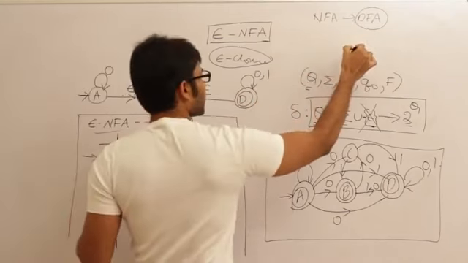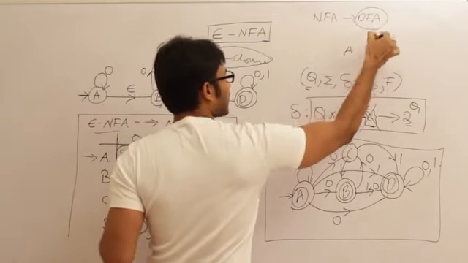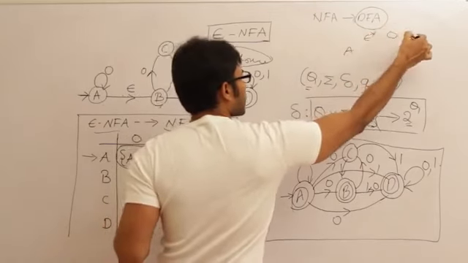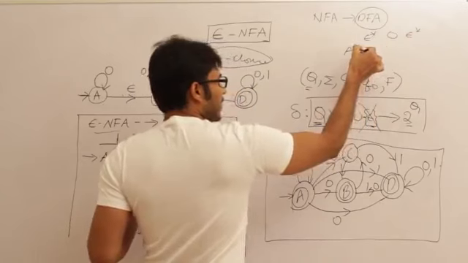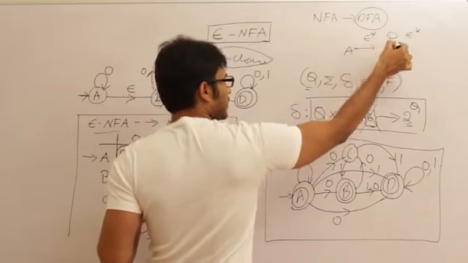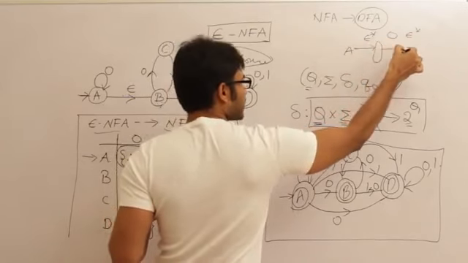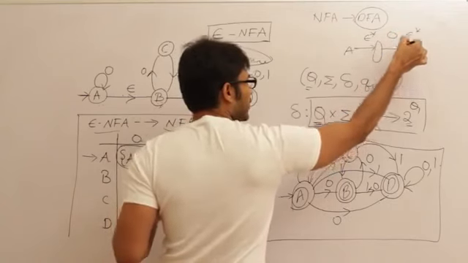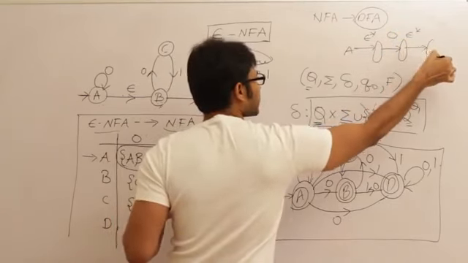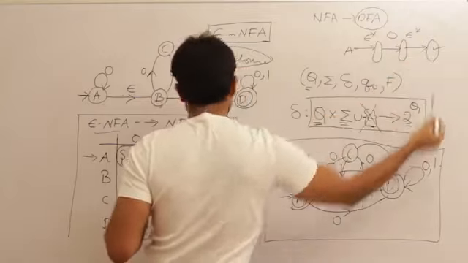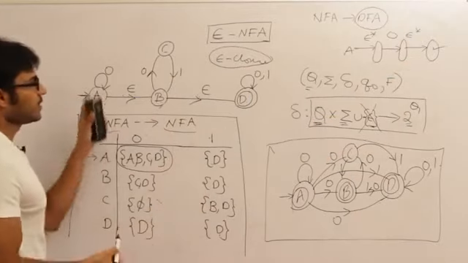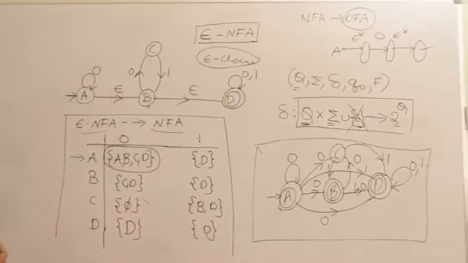If I have to fill capital A on 0, I have to find epsilon closure of A first, and then whatever I get I have to find the transition on 0, and then whatever I get I have to find the epsilon closure again. So this is the final. Whatever I get here I am going to write here, right? So this is how we have to construct the NFA.